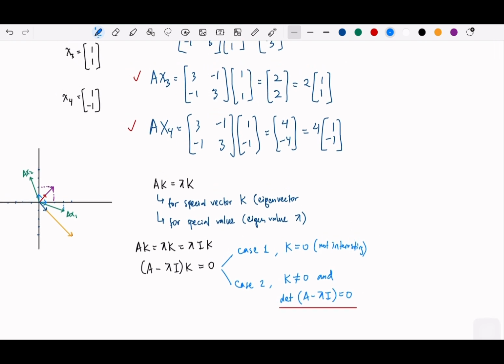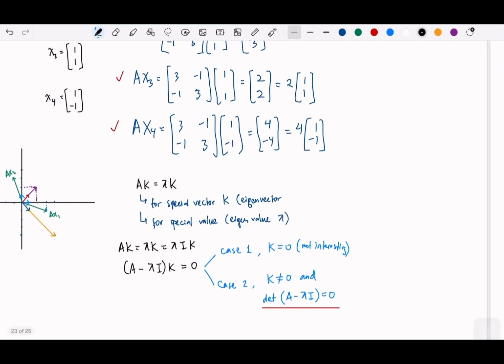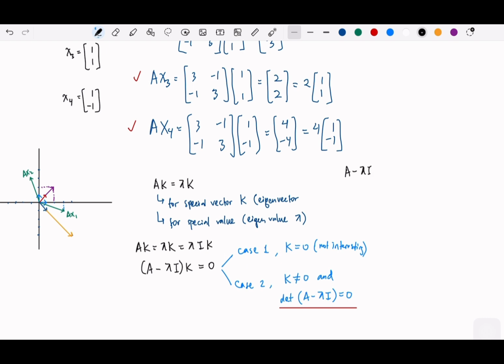And then we say that, let me write here, A minus lambda I is singular, which means it maps some vectors to 0. Oh, sorry, I forgot to write determinant.